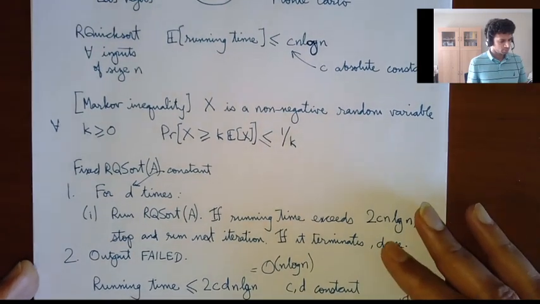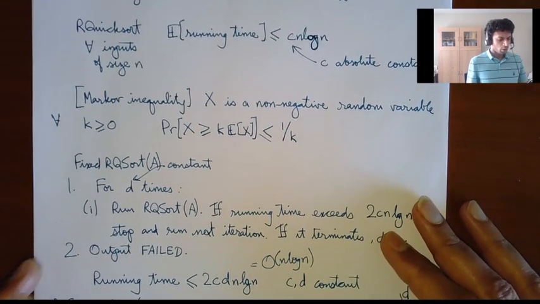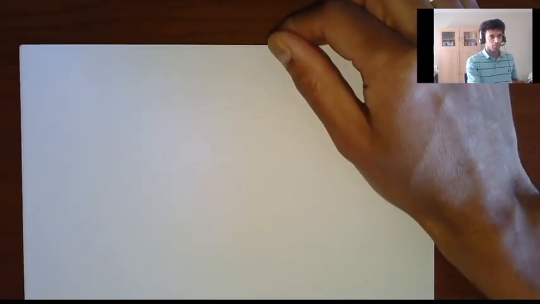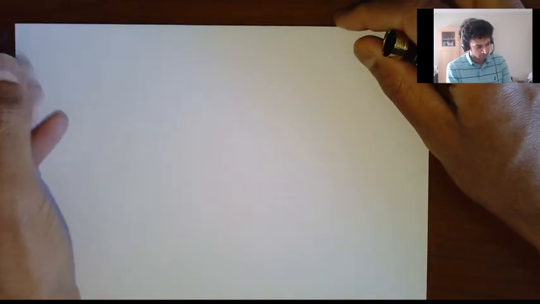Because this says something about this new algorithm that we've created. Oh, you're saying, so what can we say about the original randomized quicksort? That's your question. Yeah, so that is exactly what I'm going to come to. And the answer to that will not be given in this lecture, but we will essentially build the tools to answer that question. And this is exactly the next point that I want to try.